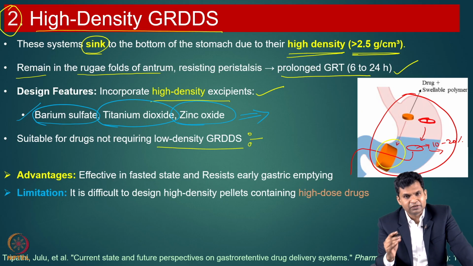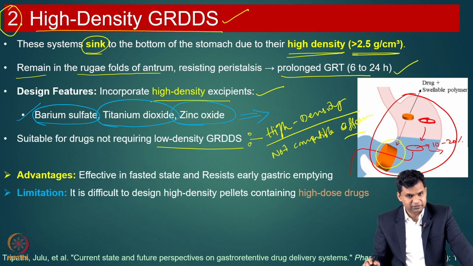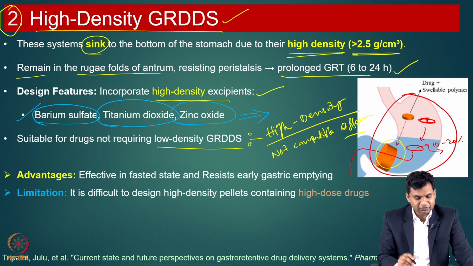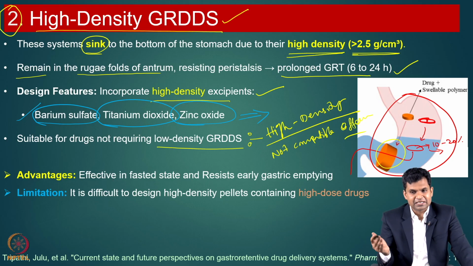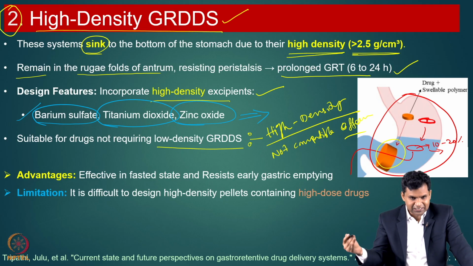That means, if a drug has a high density, you cannot use the low density drug delivery systems, and also if your formulation is not compatible with the effervescent, in such cases also we can use the high density gastroretentive drug delivery systems. And the great advantage is that, as we learned in the last class, gastric emptying is one of the major challenges, right?